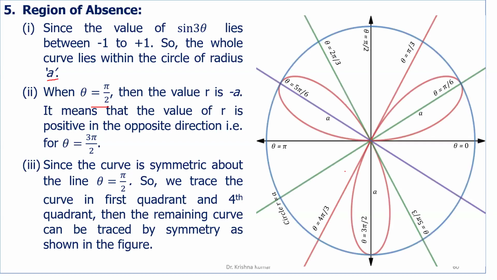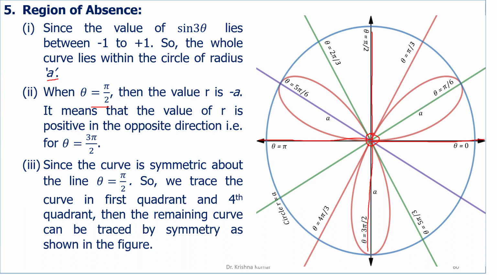First thing, the curve passes through the pole. This is the line theta equal to 0, theta equal to pi by 2, theta equal to pi, and theta equal to 3 pi by 2. What are the tangents?